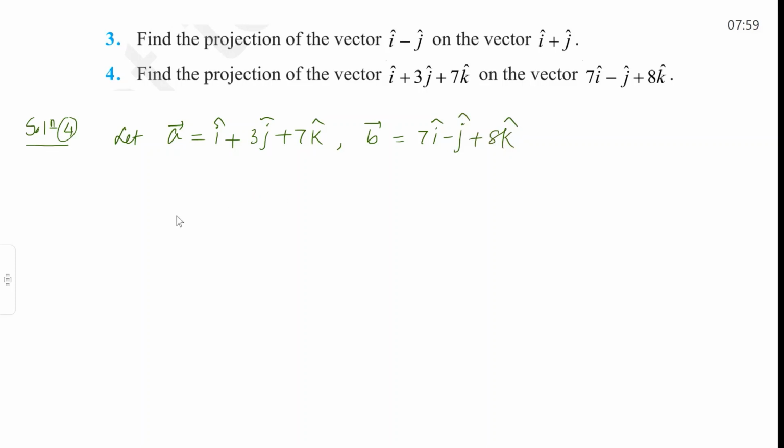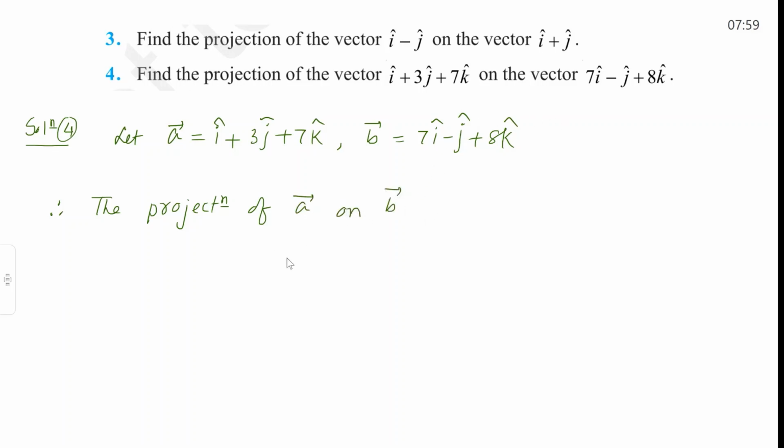What is the projection of the first vector? The question is the projection of this vector on this vector. Therefore the projection of the first vector, a bar, on the second vector, b bar.